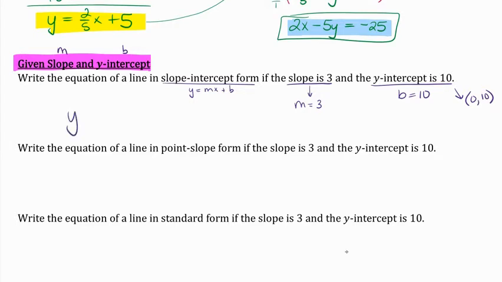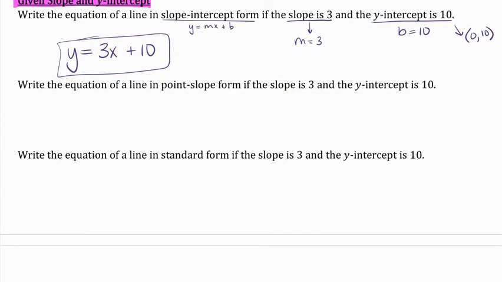So y equals 3x plus 10. It's in slope-intercept form, so I'm done. Those are the easiest problems you're going to see. You're given the slope and the y-intercept, you just plug them into slope-intercept form, okay?